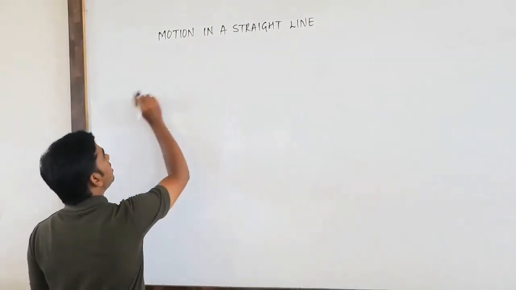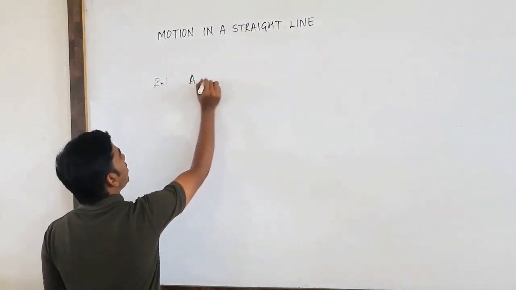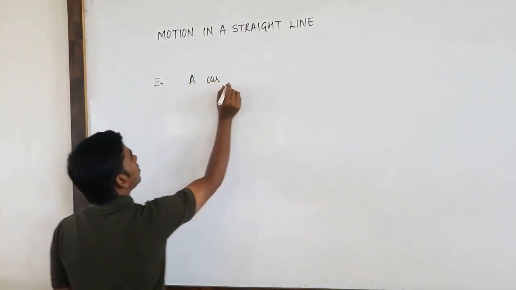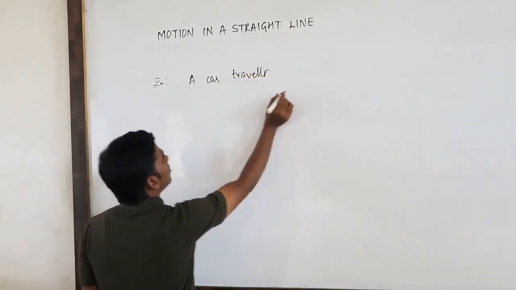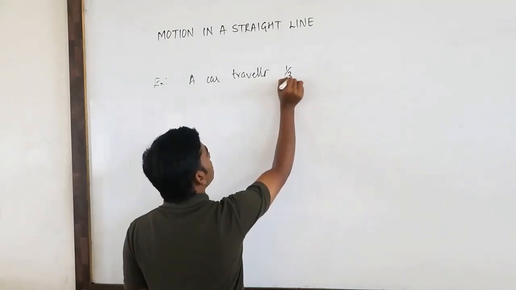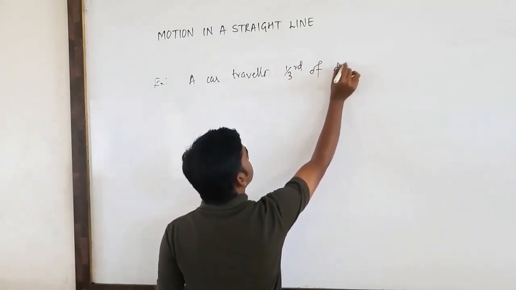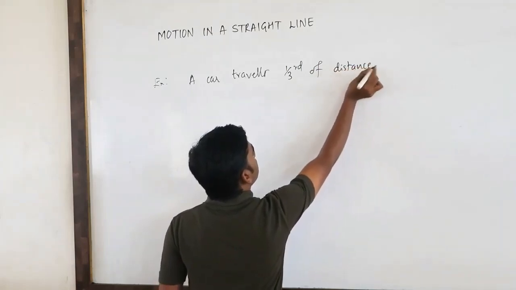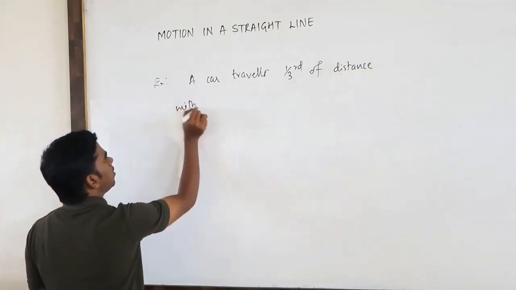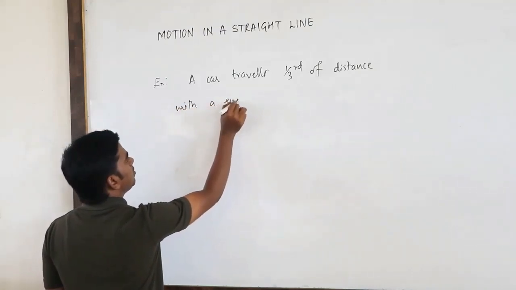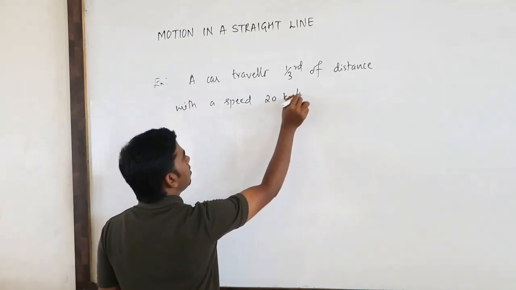So now I am going with a little different example. I will write the question only. A car travels 1/3 of the distance with a speed of 20 kilometer per hour.